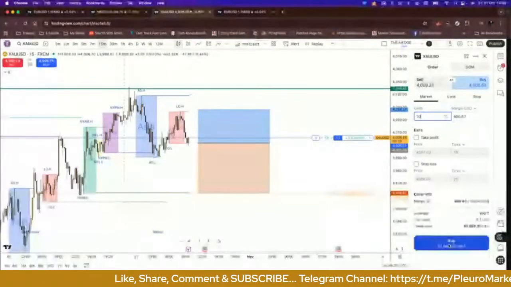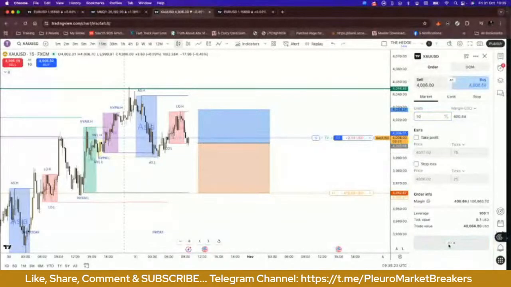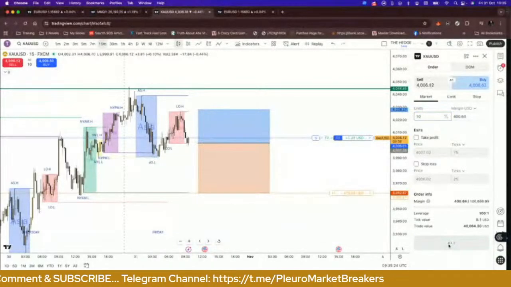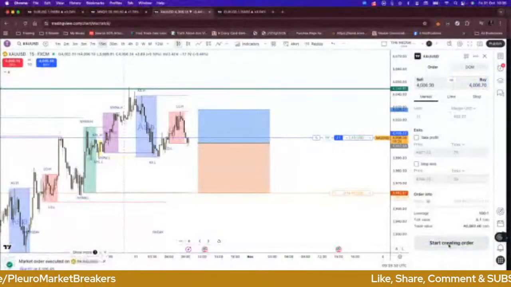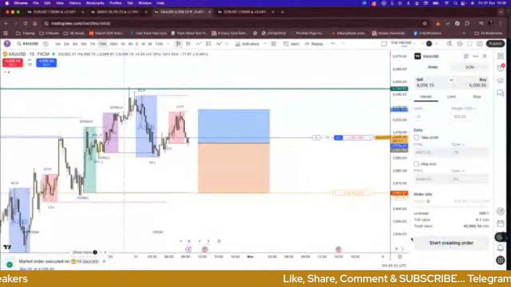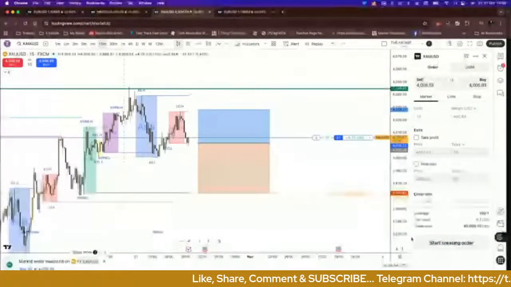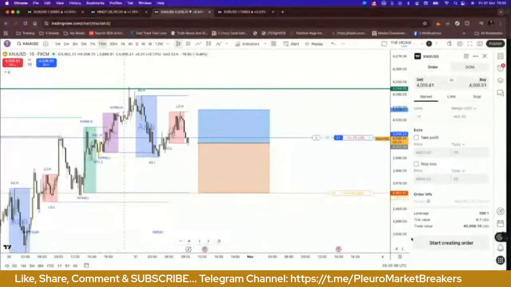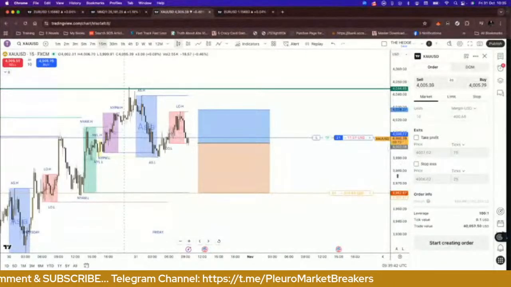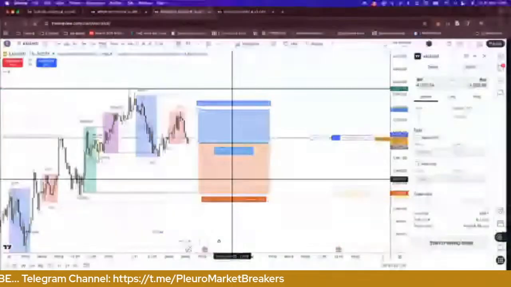So I'm going to buy. So I'm basically just taking the same trade, one as a scalp, and the other one as a more long-term play.